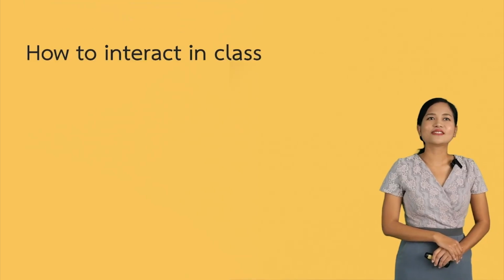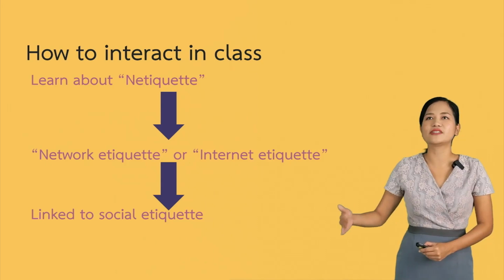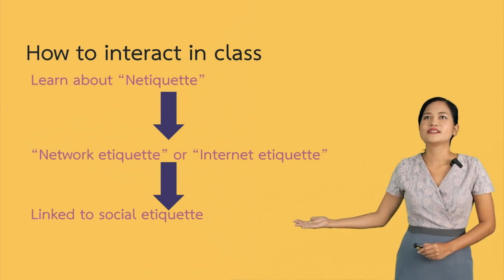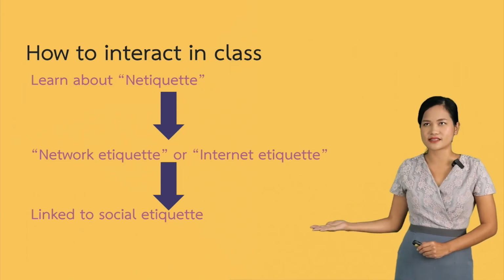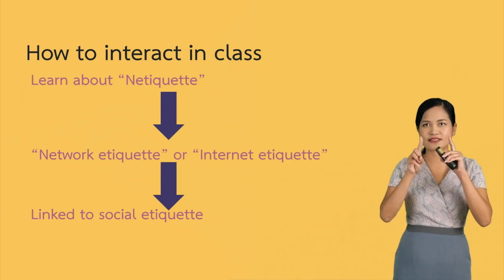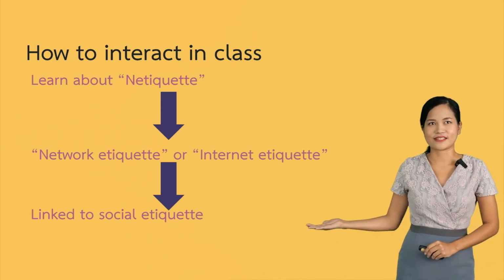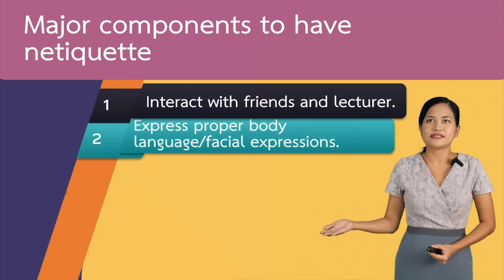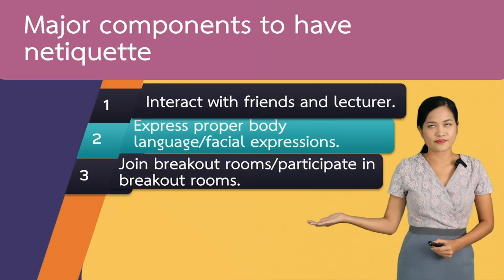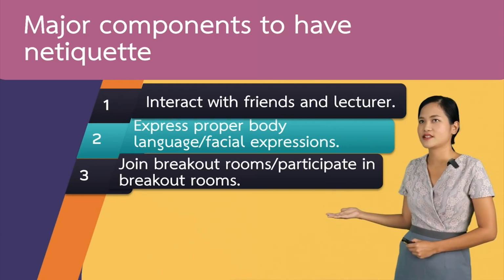Okay, so actually, to interact in class, it's very important to learn about netiquette. Okay, so netiquette is related to network etiquette or internet etiquette. So it is netiquette. And is it linked to social etiquette? Okay. Well, when mentioning about netiquette, there are major components to have netiquette.